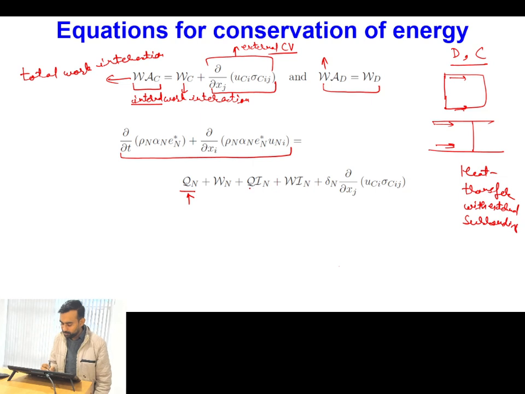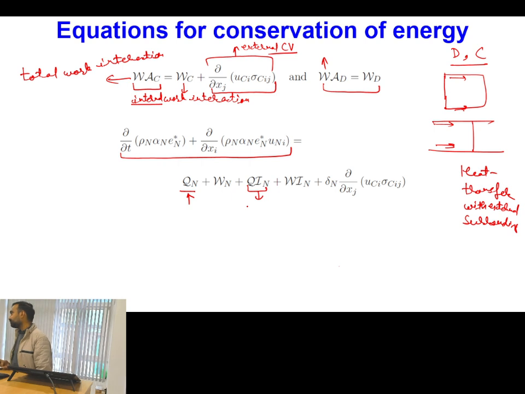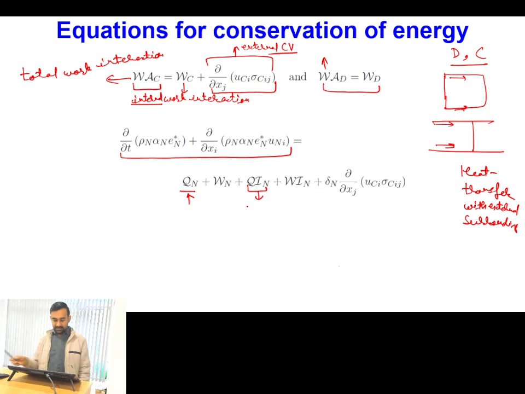Okay, and one more term is there, Qin. What is the difference between Qn and Qin? Qin will be heat transfer with internal surrounding phases. Okay, what is the difference?